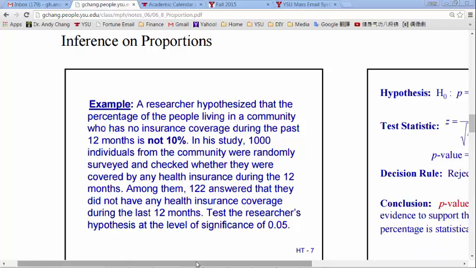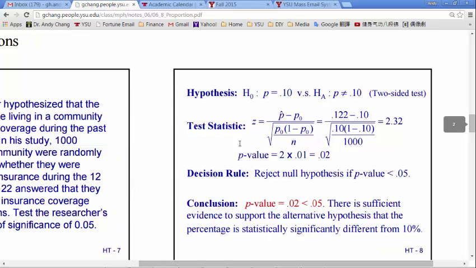So based on the question, you know that the null hypothesis is that the proportion is 10% versus the alternative that the percentage is not 10%. So you have to calculate the z-test statistic using the sample data. All right, so p hat is 122 over 1,000. That's 0.122, and you standardize that using this formula, right? p0 is just the proportion under the null hypothesis, 0.1.